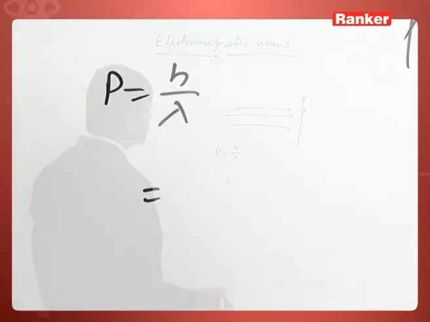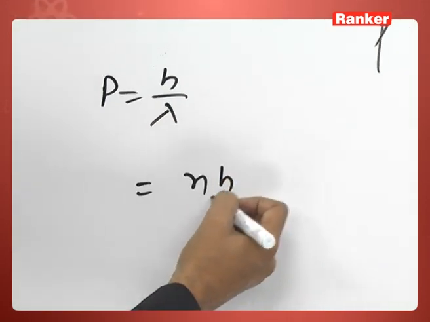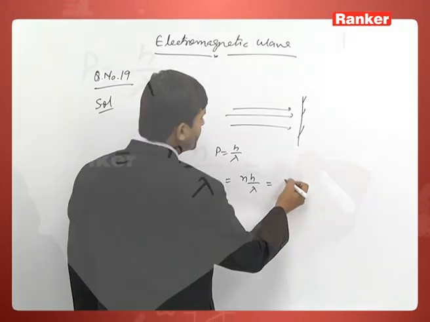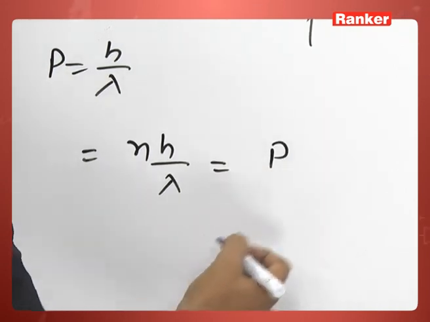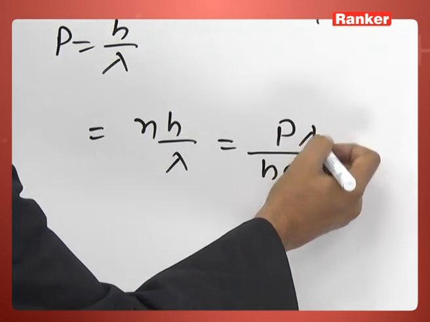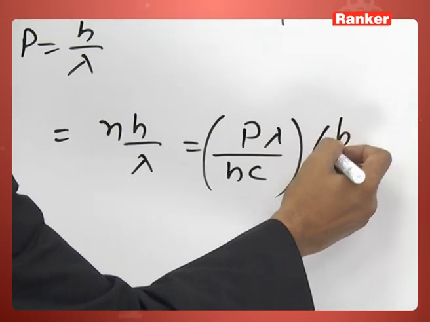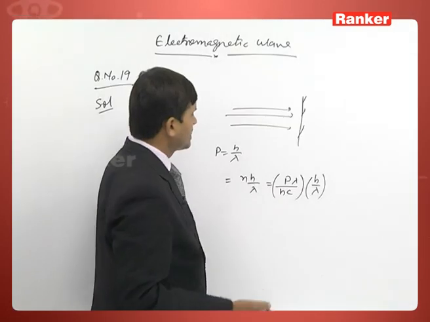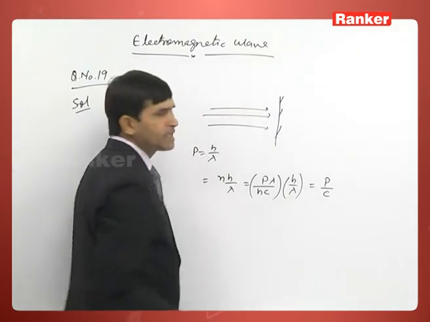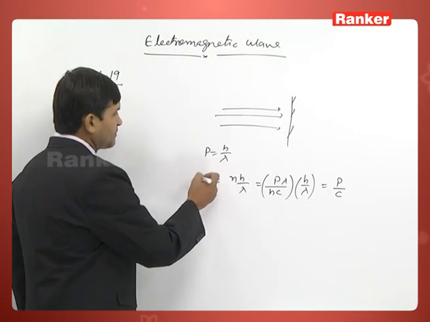So if n is the number of photons falling, the momentum is n h by lambda, and n is also given as power of radiations by energy of each photon, hc by lambda. So this is the number of photons falling per second times h by lambda. Now h by lambda cancels, giving P by c. This is the momentum transfer.